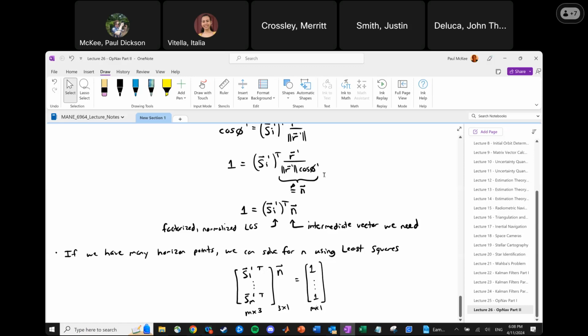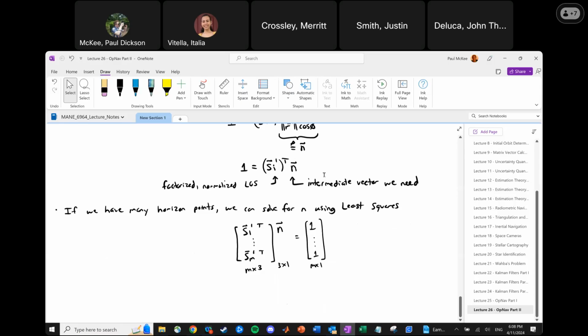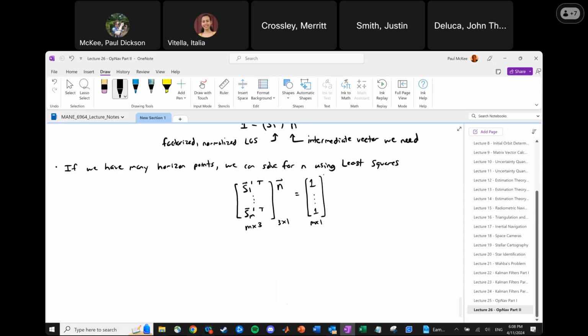So how does that help us? Well, let's go back to our equations. Now that we have n, our mission is to recover r prime. As a reminder, the sine of phi prime is 1 over the norm of r prime.